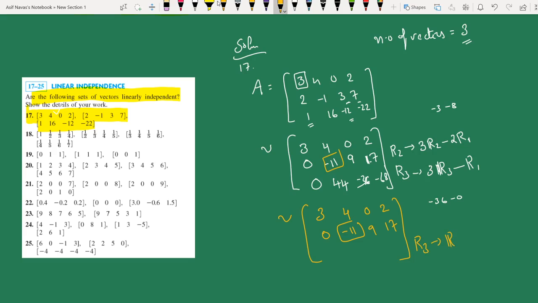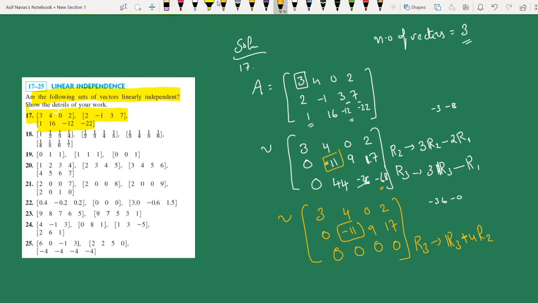R3 plus 4R2, right? Here there is minus 11, then this becomes 0. What will happen here? 0, 0, then 4 into 17 is 68, and the last entry is 0, right?